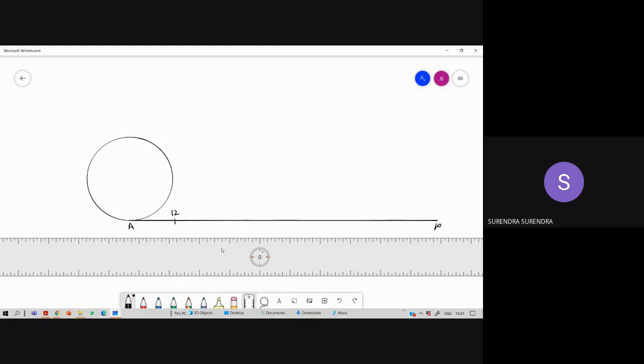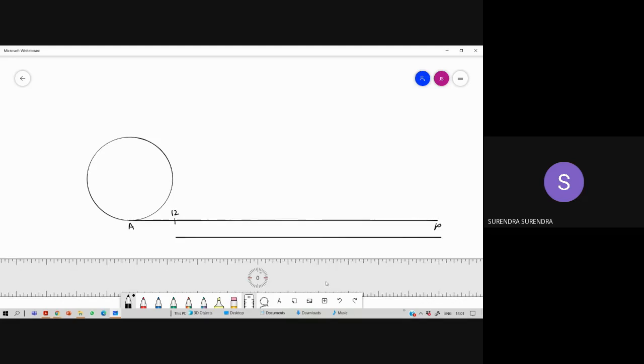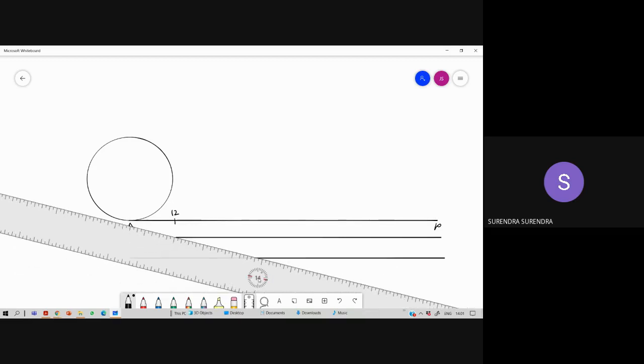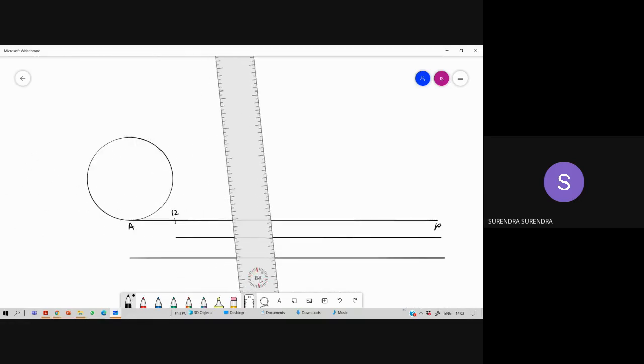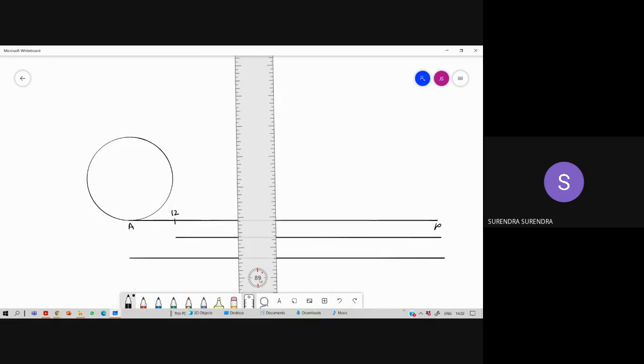Now I'm also representing the dimensions. P to 12 is 125 mm, and P to A is 145 mm. Just see here how to represent multiple dimensions. The gap must be maintained at 10 mm and 10 mm, meaning the distance between these two lines is 10 mm, and the distance between these two lines is 10 mm.